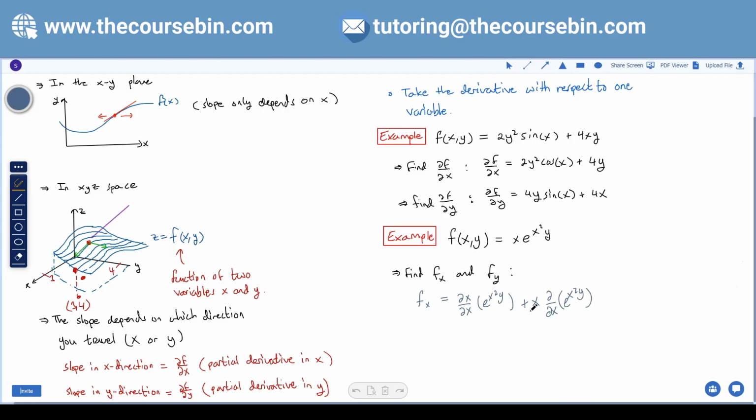Right, so it's just a product rule here. This part just becomes e to the x squared y, whereas this part becomes x times the partial derivative with respect to x of e to the x squared y. Now, the formula, remember, was u prime times e to the u. So our u prime is the derivative of the exponent, so that's 2xy, and times the e itself.